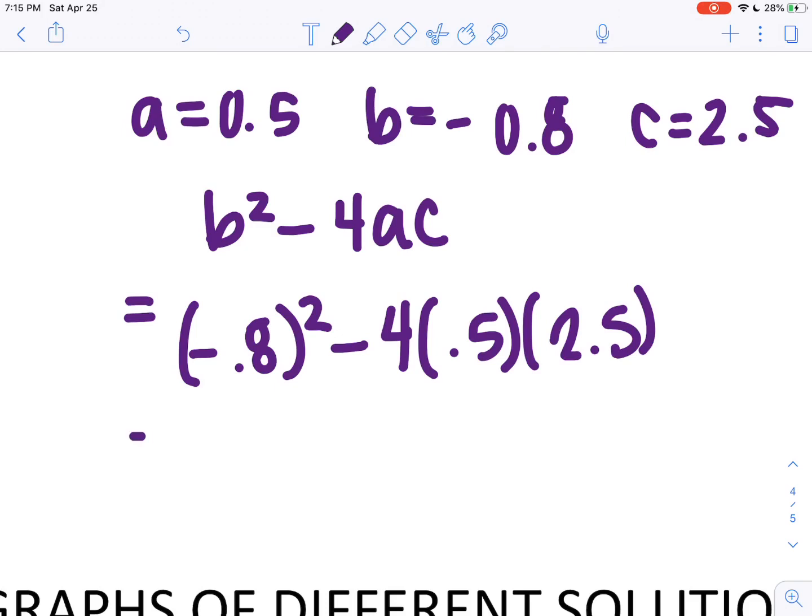Okay, so this is going to become 0.8 squared, 0.64 minus 4 times 2.5, that's 10, and then times 0.5, that's 5.